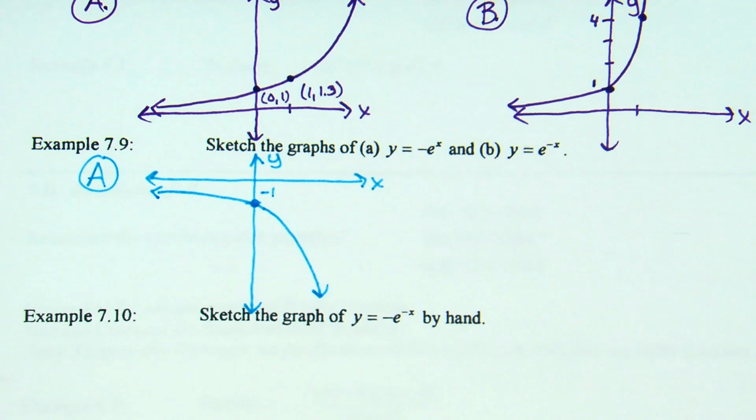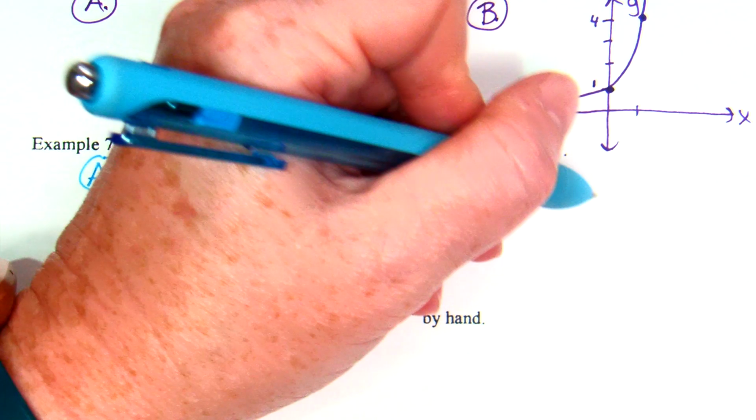What does a negative in the exponent do? Reflects it across the y. So if it reflects it across the y, we're back on top.